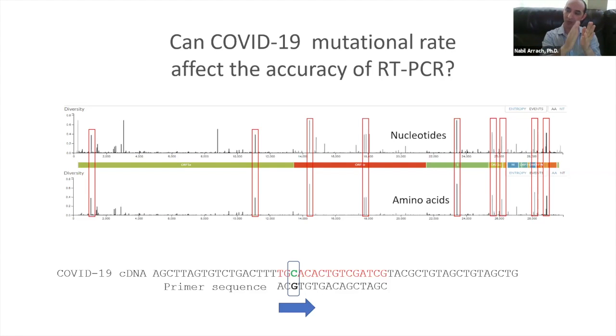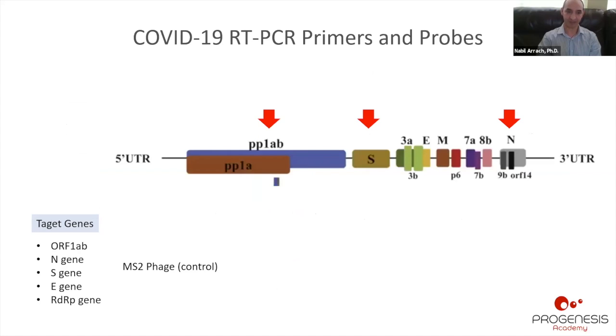It depends on the position where the mutations occur, and on what strain of COVID-19 you're testing, because different patients may have slightly different versions of COVID-19. There was a study showing a certain strain where amplification did not happen because of mutation.